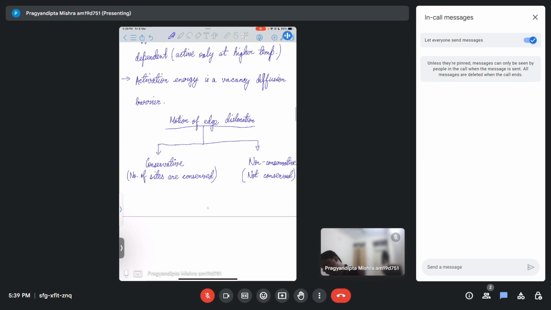Conservative motion will happen through glide, which is the general motion by which the dislocation moves, while non-conservative will happen through climb.